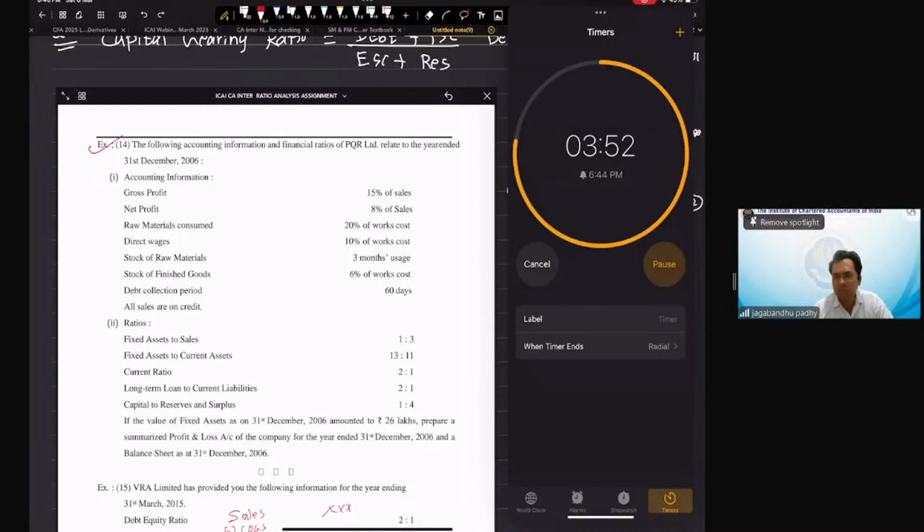Look at the question, try to just solve it in a scribble form. Later on, we'll take it up fully.